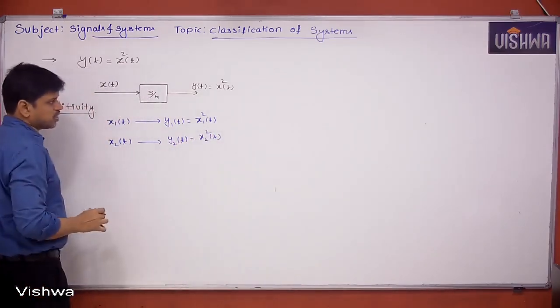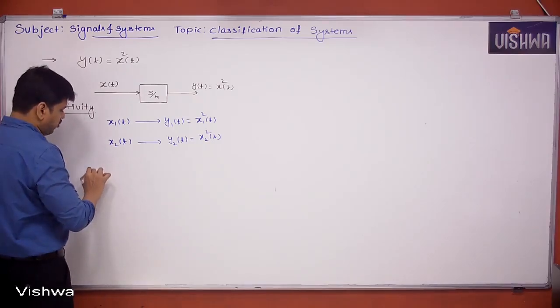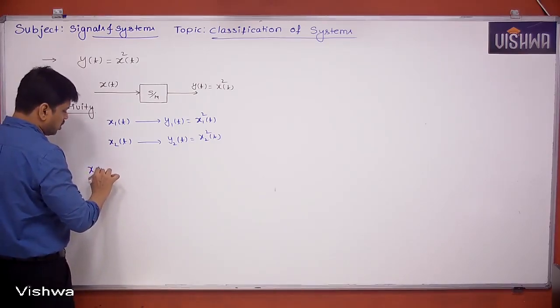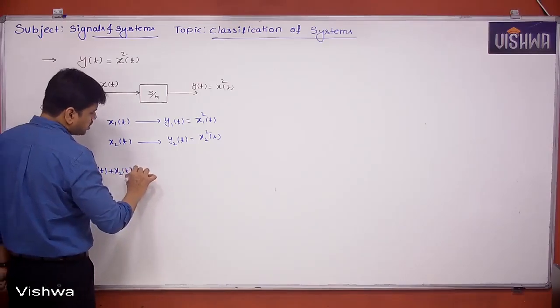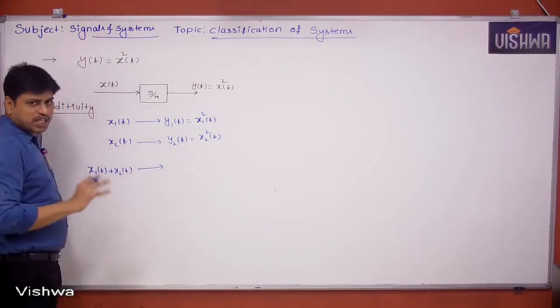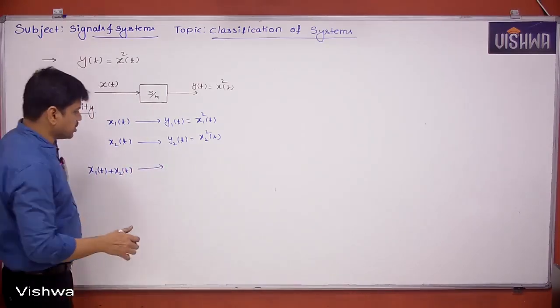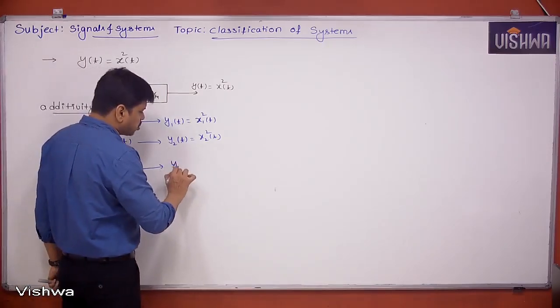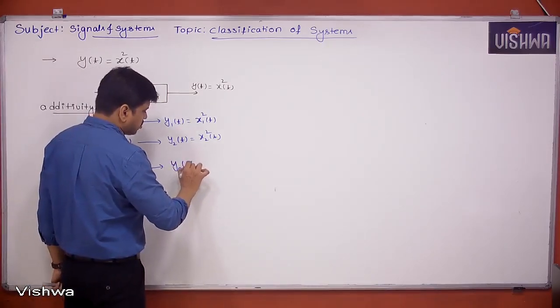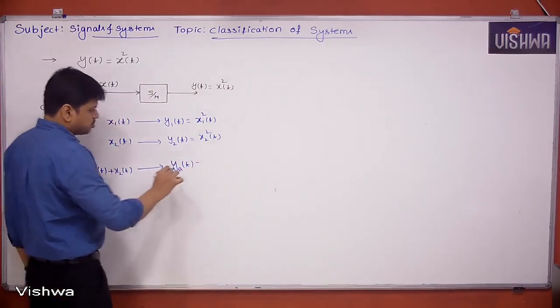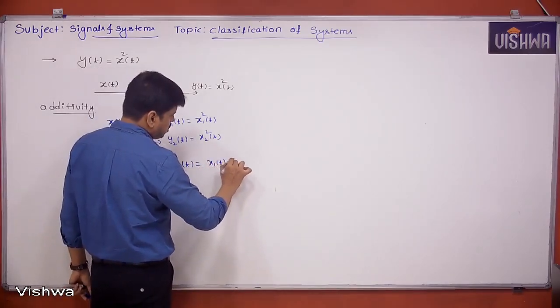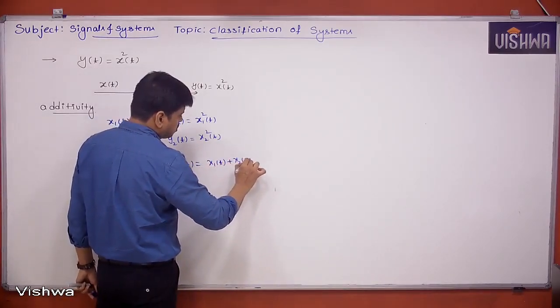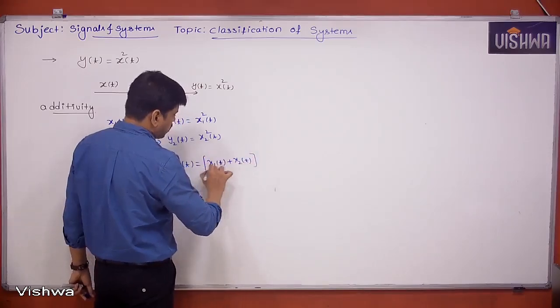Now, if I combine them, x1 of t plus x2 of t, what the system will do is, whatever the input is given, it has to square it. That means the actual output I am getting is nothing but the square of the input, that means (x1 of t plus x2 of t) whole square.